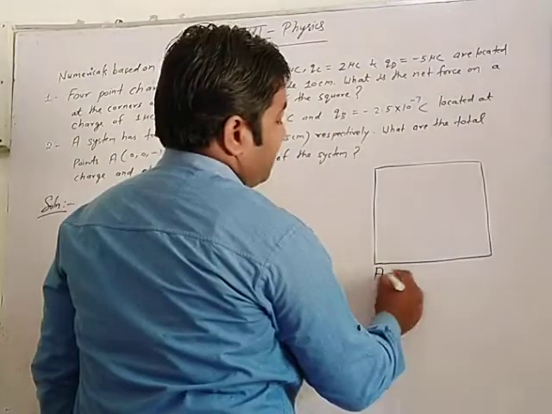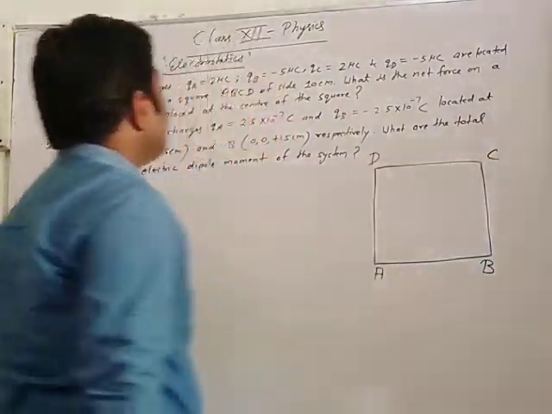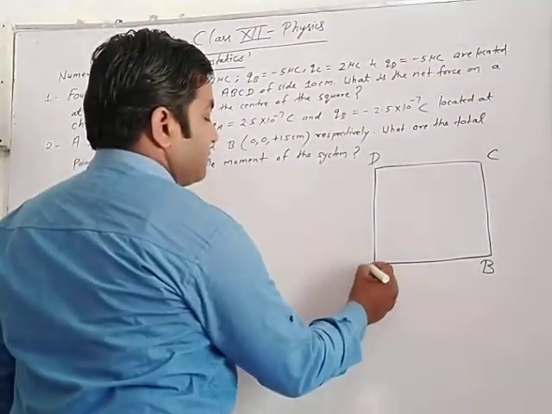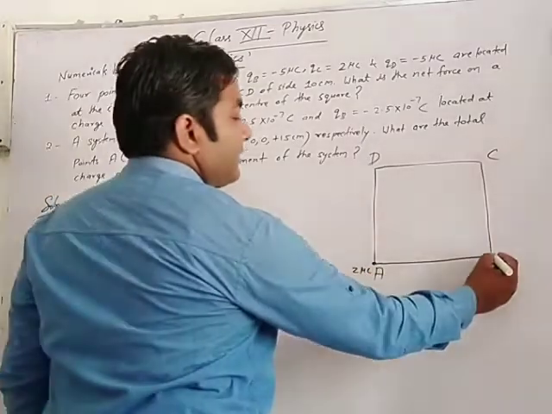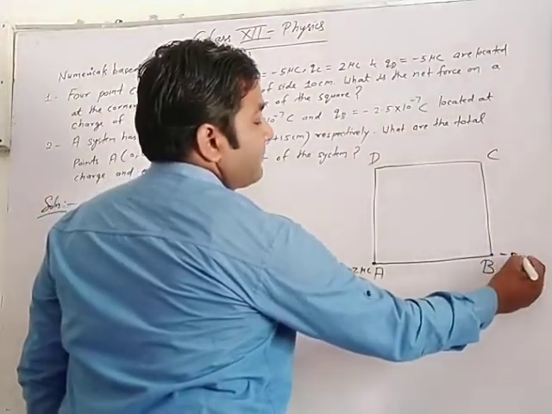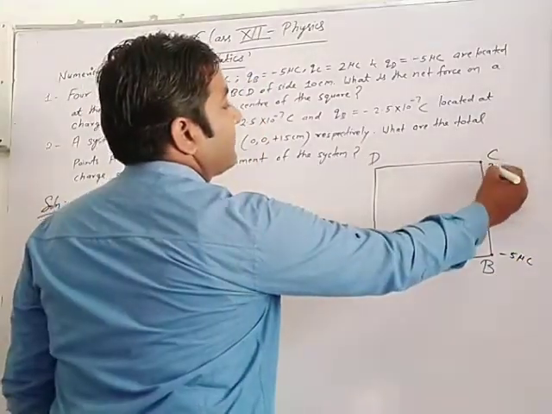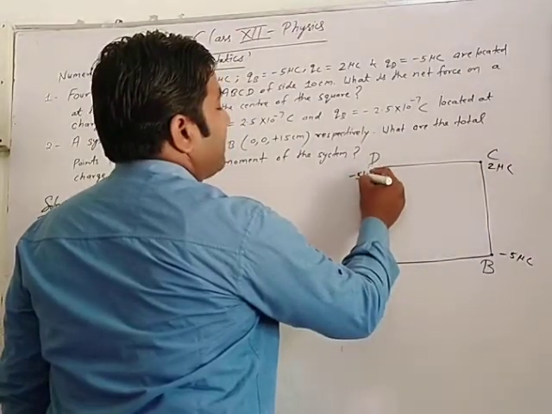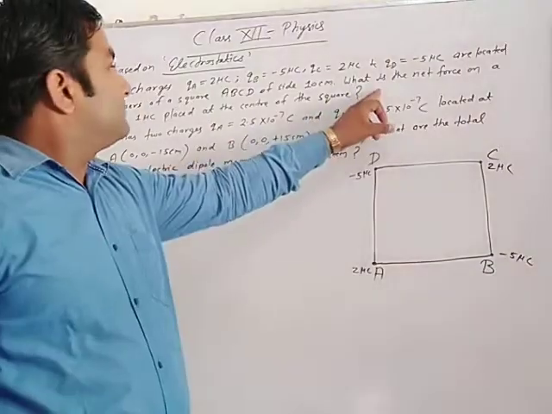This is square A, B, C and D. At point A, that is QA, is equal to 2 microcoulomb, and at point B minus 5 microcoulomb, at point C 2 microcoulomb, at point D minus 5 microcoulomb.